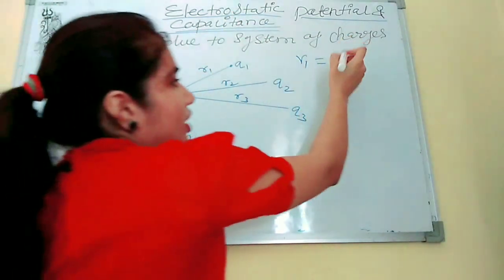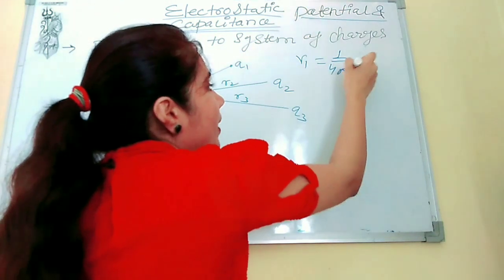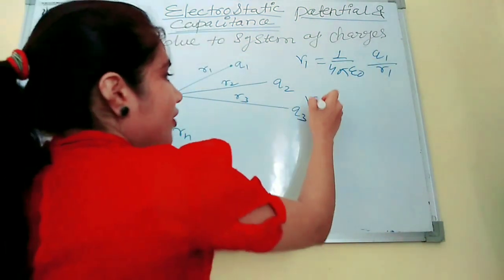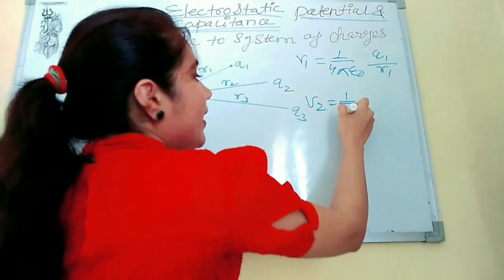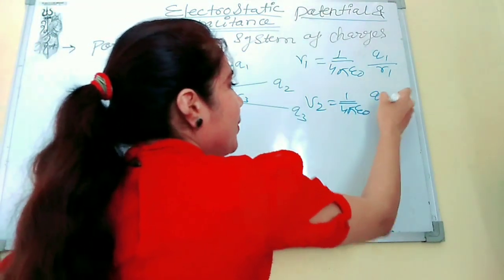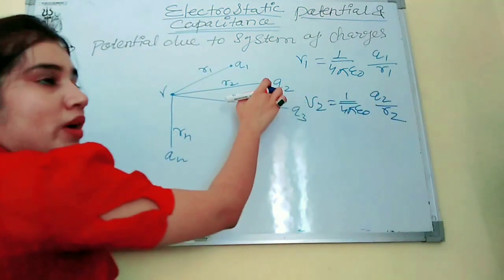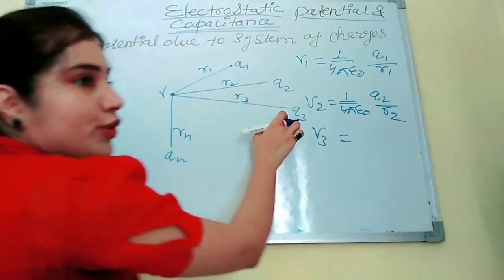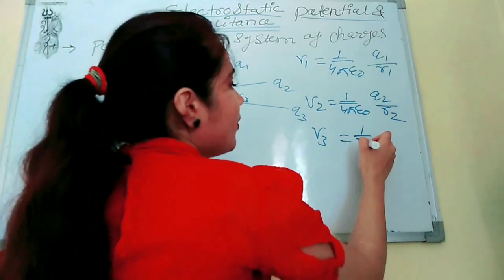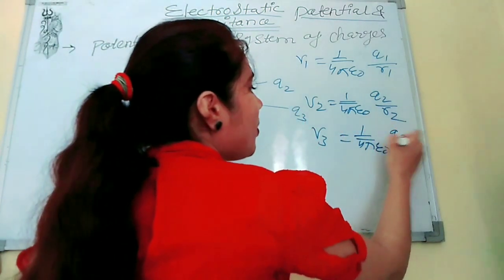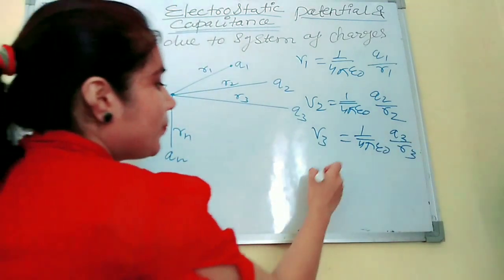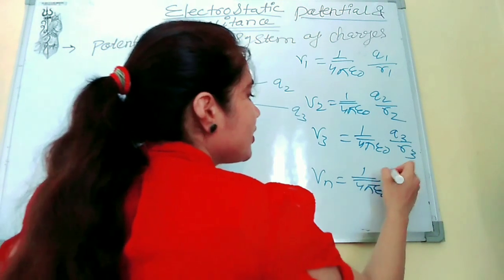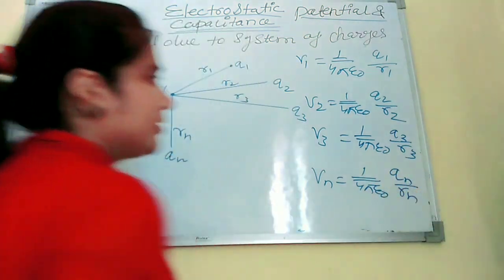Because of this charge, V1 equals 1 by 4 pi epsilon naught Q1 upon R1, V2 equals 1 by 4 pi epsilon naught Q2 upon R2, V3 because of Q3 is 1 by 4 pi epsilon naught Q3 upon R3, up to Vn, which will be 1 by 4 pi epsilon naught Qn upon Rn.